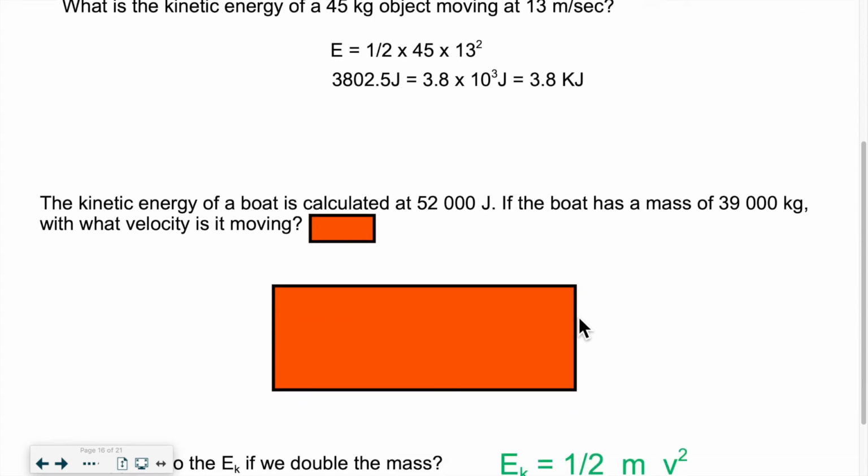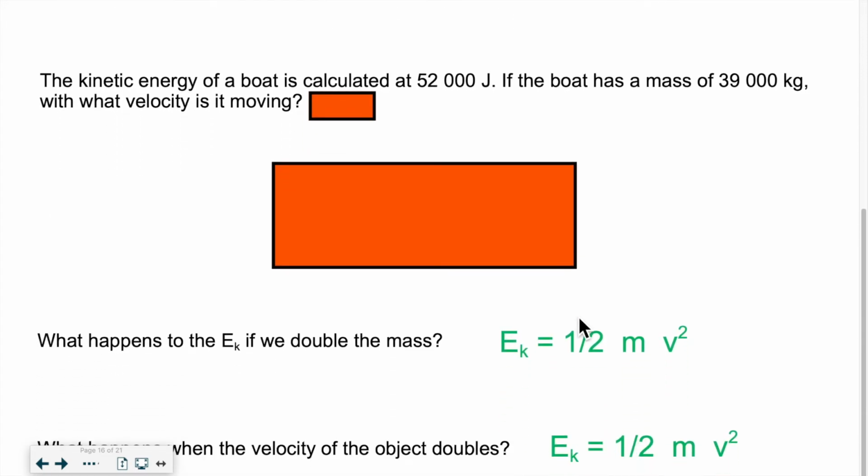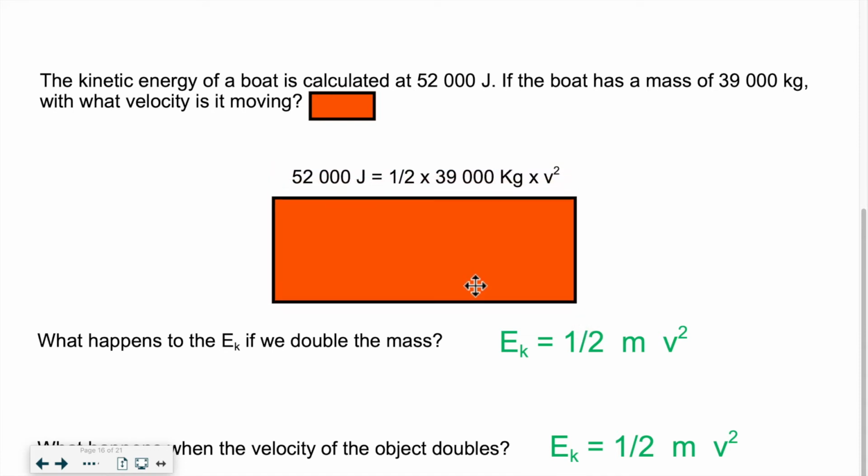The kinetic energy of a boat is calculated at 52,000 joules. So the boat has 52,000 joules of kinetic energy. If the boat has a mass of 39,000 kilograms, with what velocity is it moving? So what's its speed, in other words? So if we replace, what do we get? We get the following.